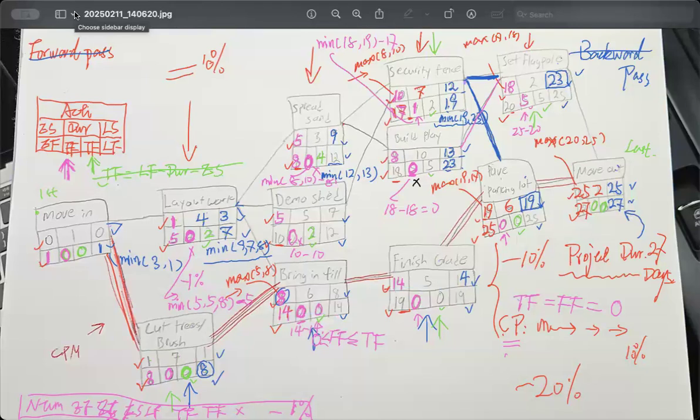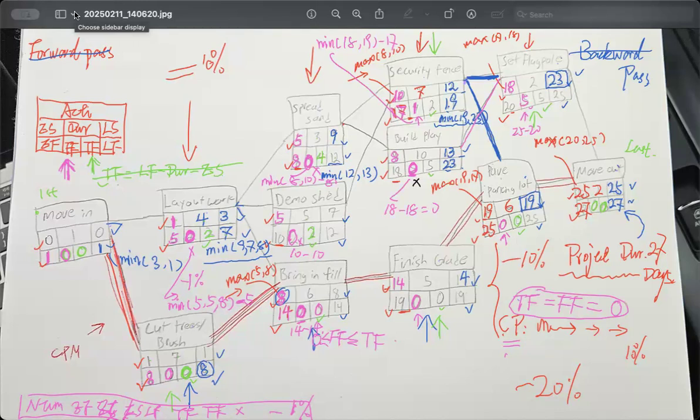Any questions so far? If no questions, then we will answer how to find the critical activities. The definition of critical activities is that you do not have any free float or total float, which means TF is equal to FF is equal to 0, right?